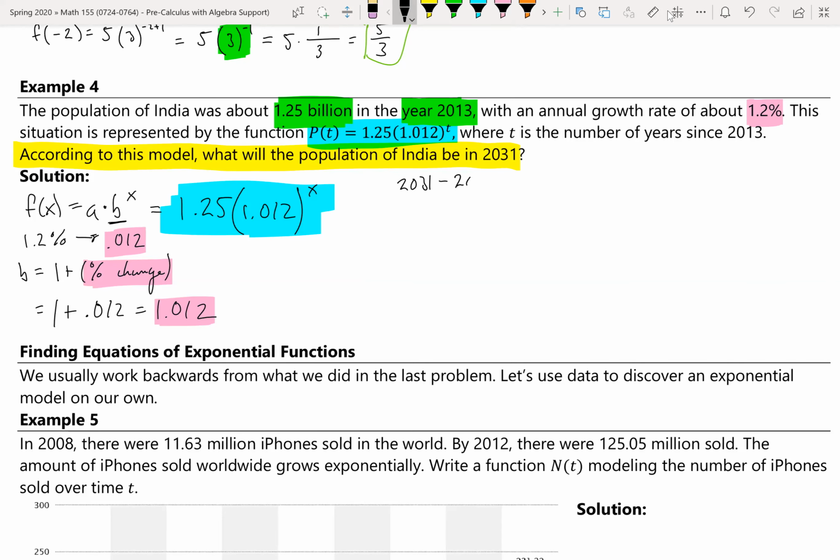So it's 18 years from 2013. This is the thing that we want to actually plug in. So f of 18 is 1.25 times 1.012 to the 18th power.